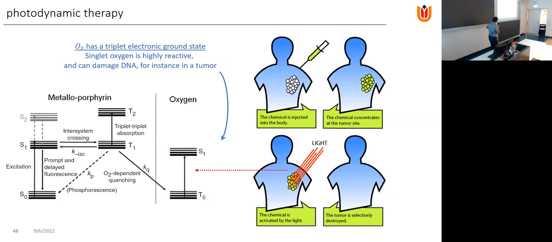If you then switch on the light, this whole process is started. The chemicals are activated by the light, and if you have enough light, you generate singlet oxygen at this tumor site, and that singlet oxygen will attack the DNA and will destroy the tumor.